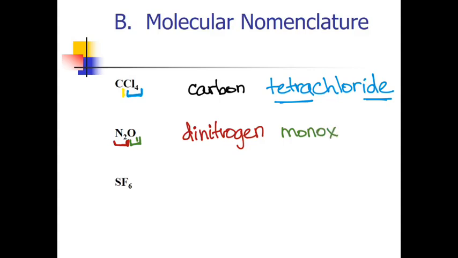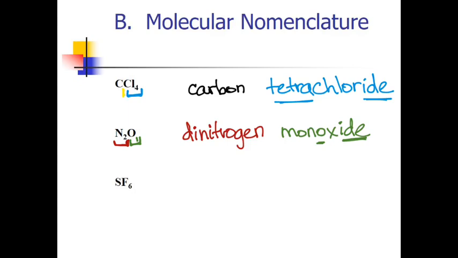So instead of monooxygen, you change the ending to ide, so it's monoxide. Notice right here, we didn't write monooxide, so there's not 2 O's together. Really common if your element starts with a vowel, then you drop the vowel that is at the end of the prefix. So oxygen is going to be your most common one.